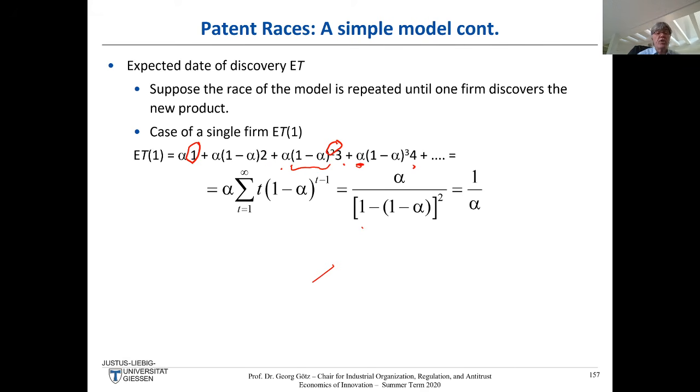To put it in a general way, the alpha shows up in each term, and then you get the t, our time index, times 1 minus alpha raised to the power of t minus 1. If it starts at t equal 1, then t minus 1 is 0.